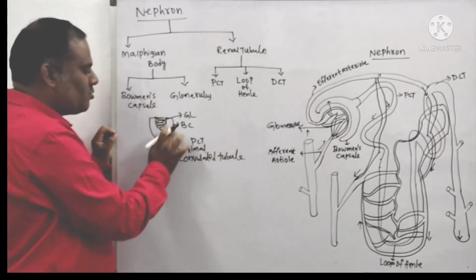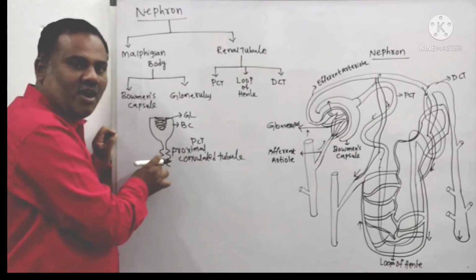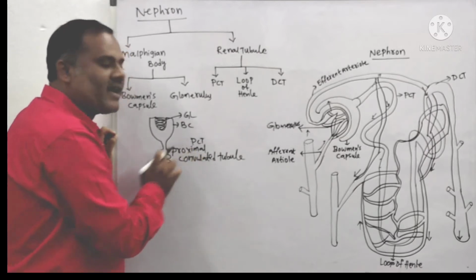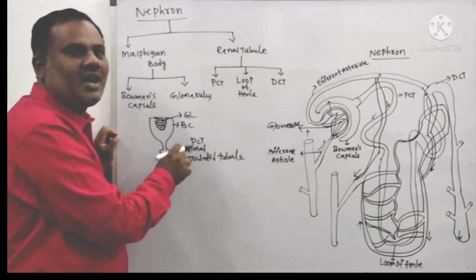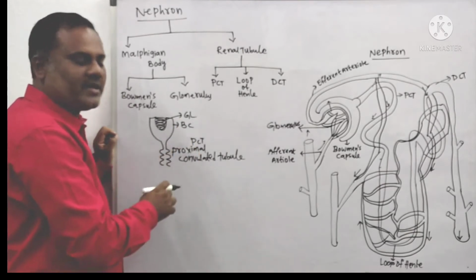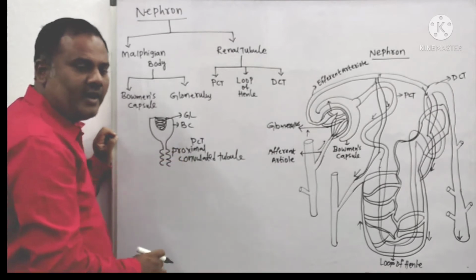This PCT is attached to the Bowman's capsule and glomerulus, the Malpighian body. As it is the starting point, it is called proximal. In biology, proximal means the anterior or starting portion.